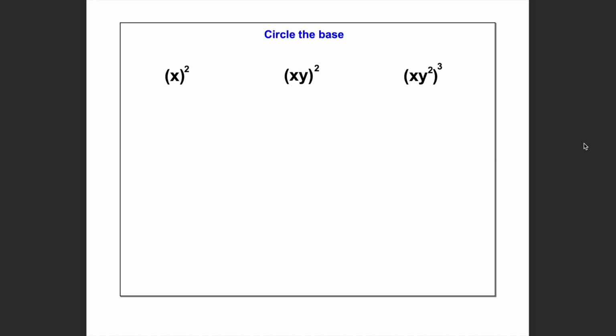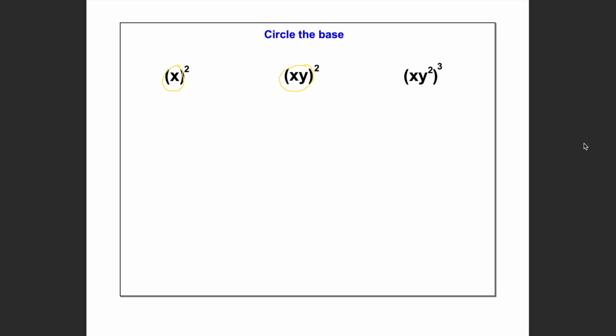So again, we're looking at what the base is. It would be everything in parentheses. So here, it's the x. Here, it's xy. And in this next one, we kind of have two bases.